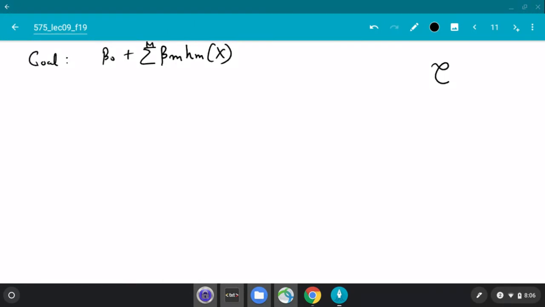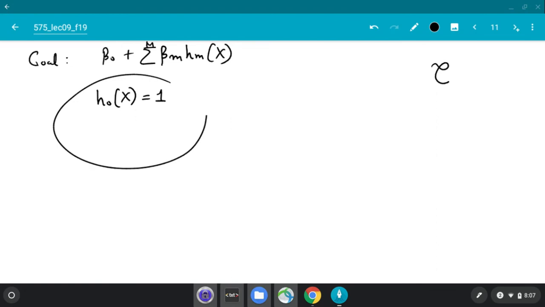Now we'll start with the base case, where our function h0 of x is the constant function. It's not predicting anything, it's just constant. You can think of h0 as a multiplier to beta naught. It's a constant function, so I need to make a prediction. What's the best prediction I can make if I'm not using any features? It's just the mean of the outputs. That's what I should predict, if I'm doing regression with squared loss.